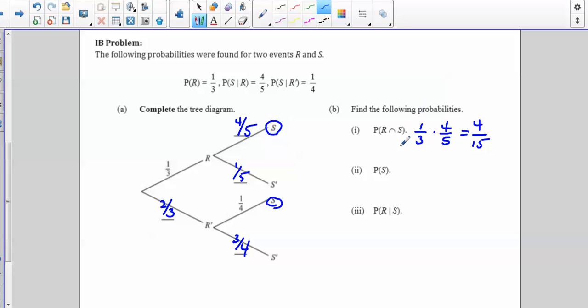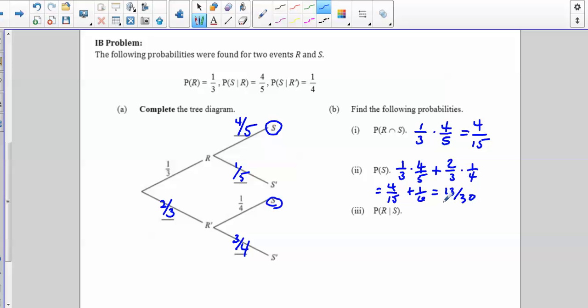So the first one is going to be 1/3 from here times 4/5 here. And then the second one is going to be 2/3 times 1/4. So we get 4/15 plus 1/6, which simplifies to, let's see, over 30, 8/30 plus 5/30, so 13/30.